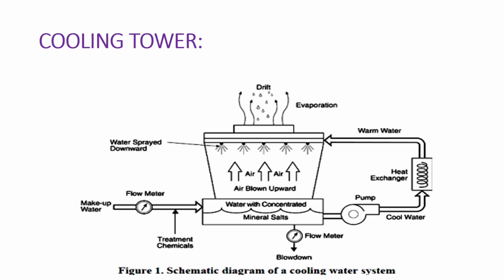So air is blown upward through the tower. As air contacts the falling water, water evaporates and takes away heat from the water. Therefore, the water leaving the tower becomes cooler. That's the principle of a cooling tower from the diagram.